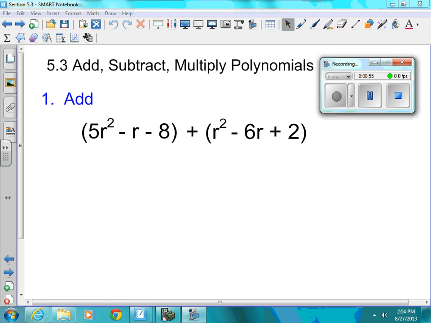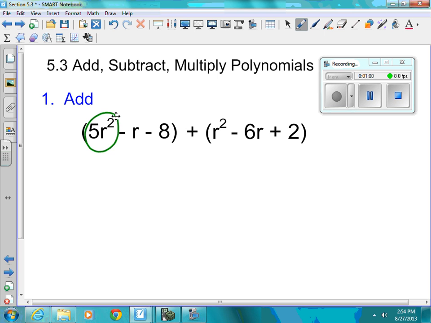Like terms in these two polynomial expressions, one pair is 5r squared and r squared, so I can do 5r squared plus 1r squared.